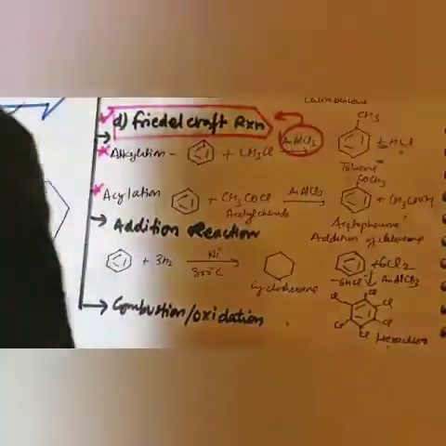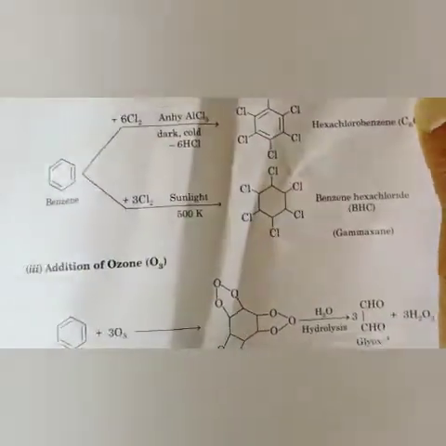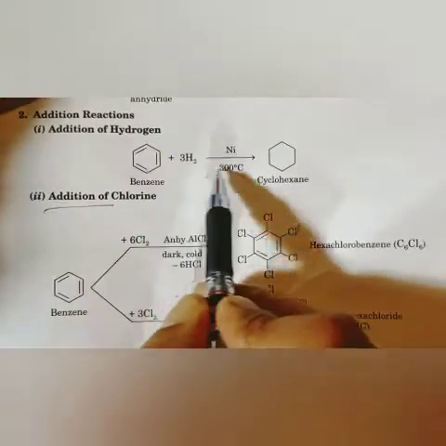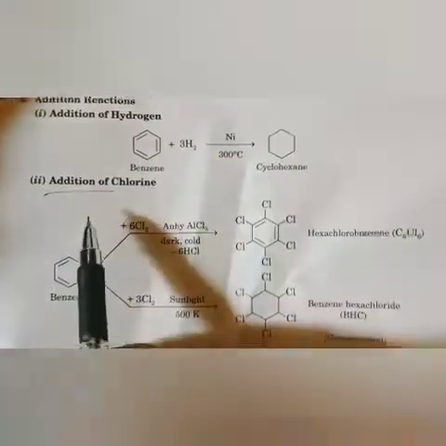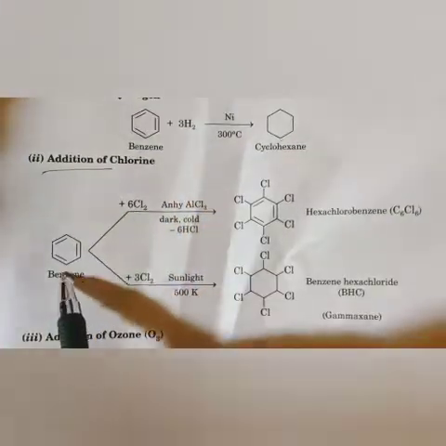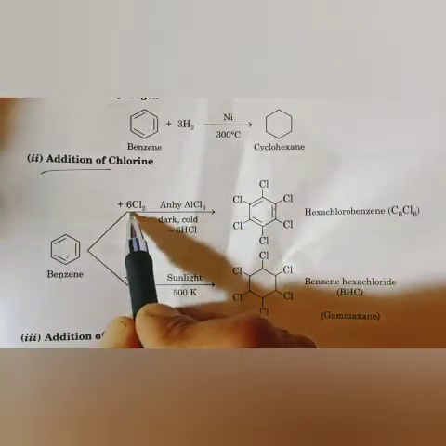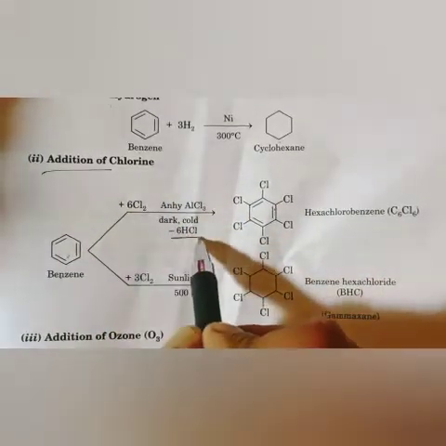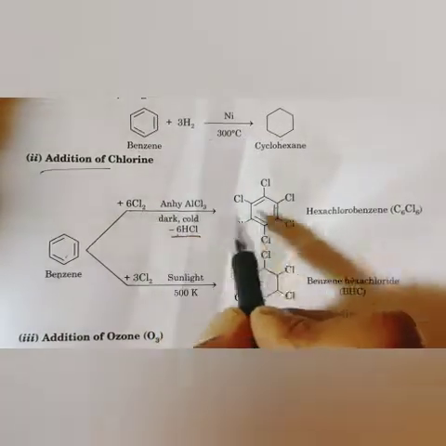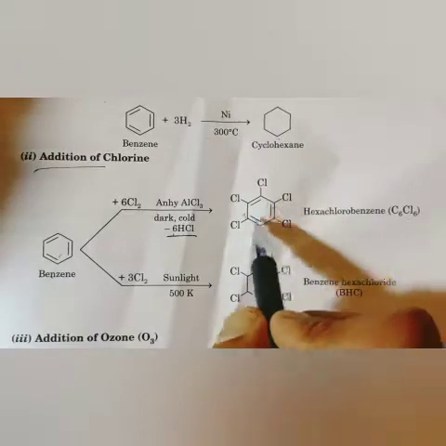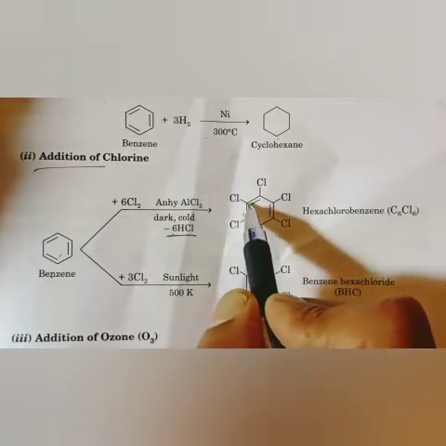With the help of this picture, I want to just clarify. Addition of hydrogen will give us benzene to cyclohexane. Addition of chlorine is giving us benzene into 2 compounds. One is when 6 chlorine react, it is 6 to 12 chlorine: 6 chlorine will make HCl and 6 chlorine will attach to the benzene without changing the structure of benzene, by replacing hydrogen.